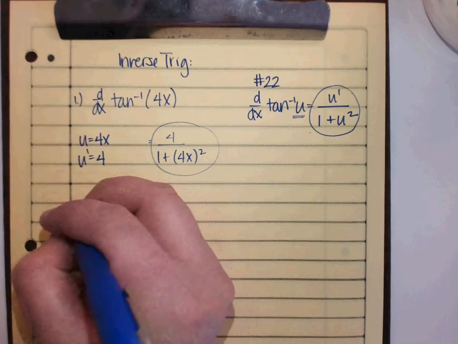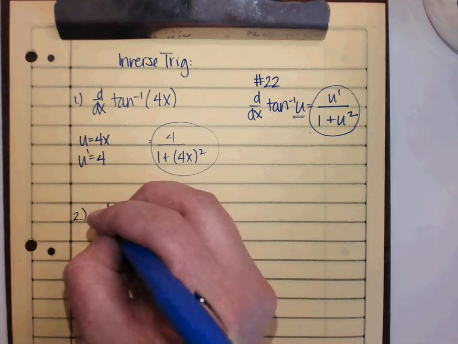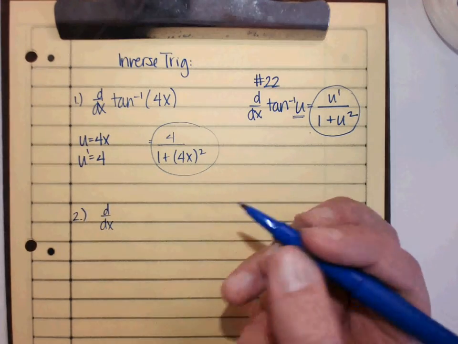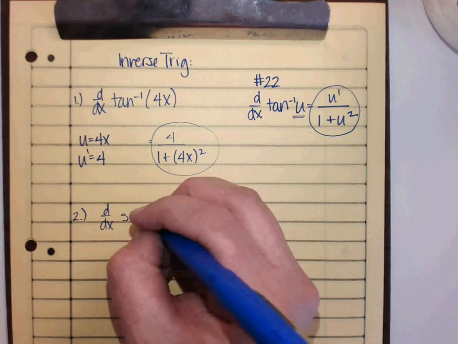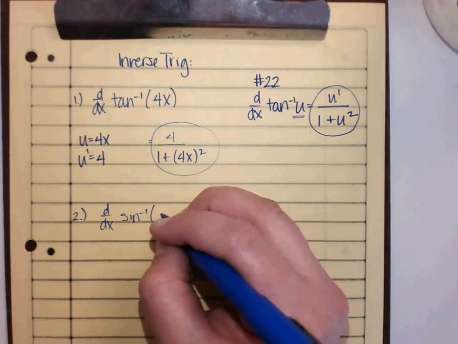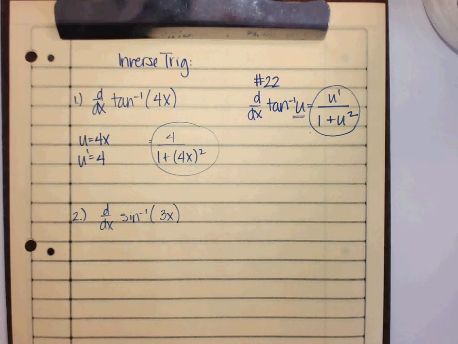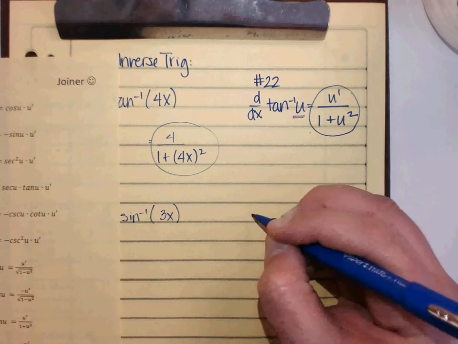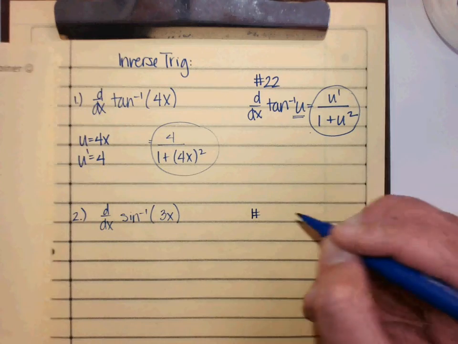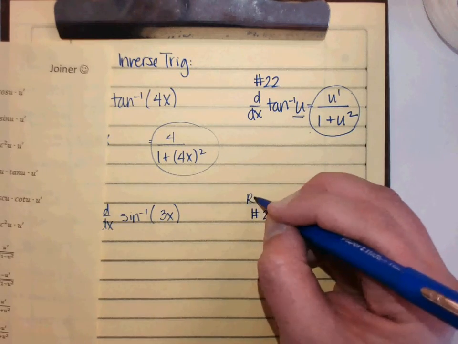Now, we're going to do another warm-up. Okay, let's say you want d dx of inverse sine of 3x. So, look on your little sheet. Inverse sine is rule number 20.